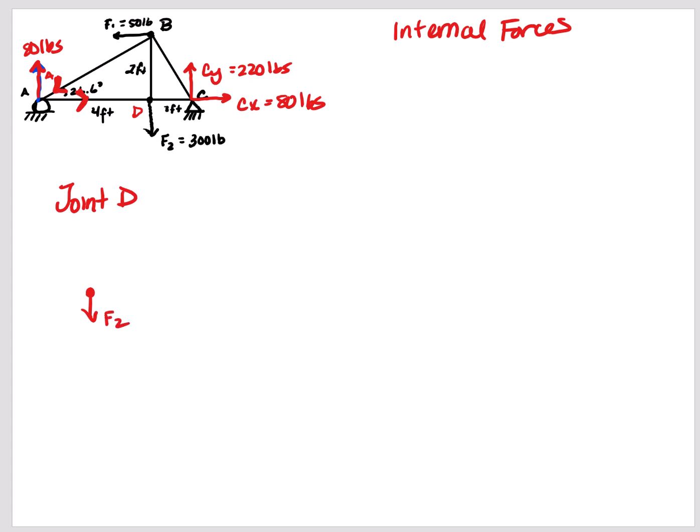So that means to oppose F2, the force from DB must go up to counteract it. We solved for the beam AD, and at joint A we said it went to the right. So at D it must oppose that force, so it's at static. So it must go to the left.